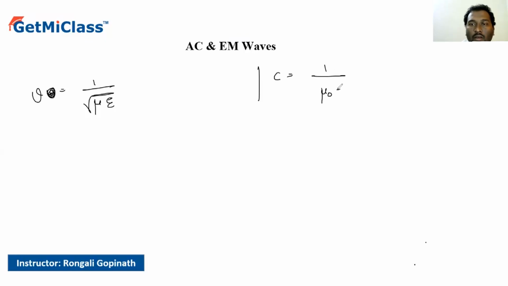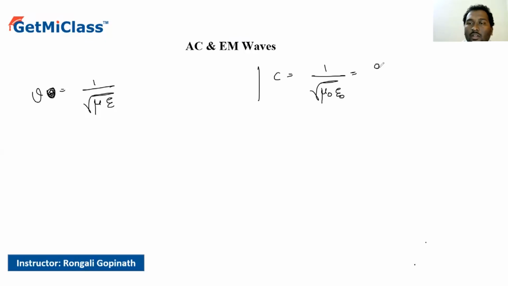Now, the speed of this electromagnetic wave C is given by 1 by square root of mu into epsilon, where mu and epsilon are the permeability and permittivity of that particular medium. Now let's see speed of light in vacuum. Let's call it as C. That would be easy. Speed of light in vacuum is given by 1 by square root of mu naught into epsilon naught, because mu naught and epsilon naught are the permeability and permittivity of free space.